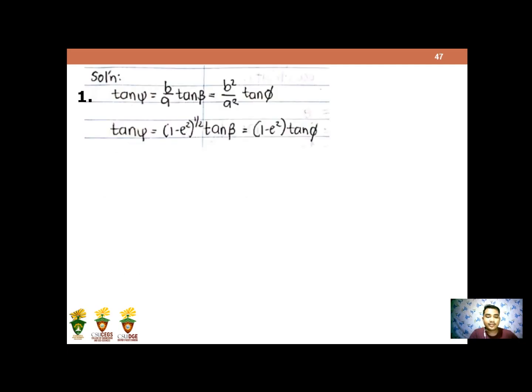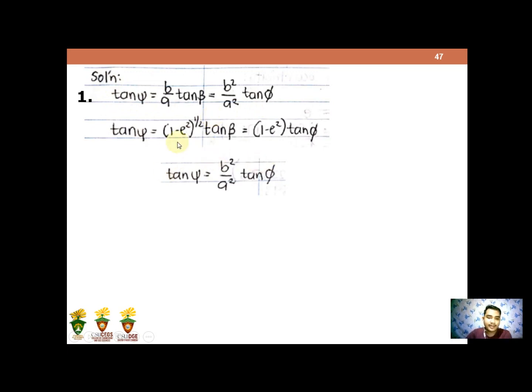Alright. To solve for number 1, we have this equation, di ba? Itong relationship between the three tangent. And we can also express in this one, pwede sa b over a, pwede po 1 minus e squared. Since itong given is b og a, so kani nga formula itong gamiton. Suitable siya.